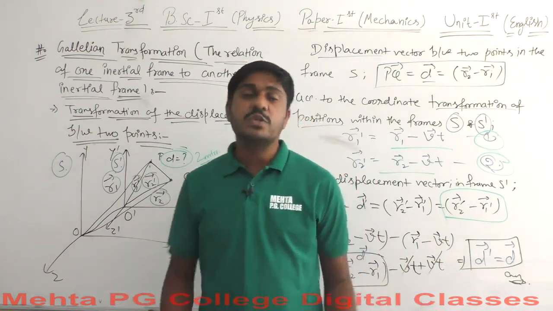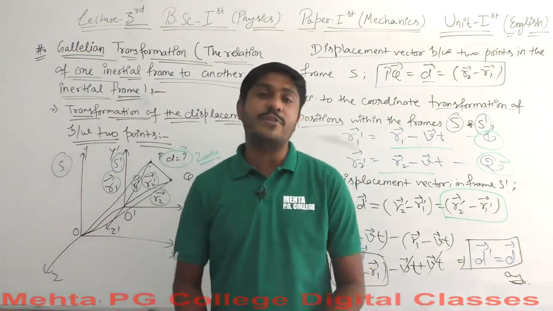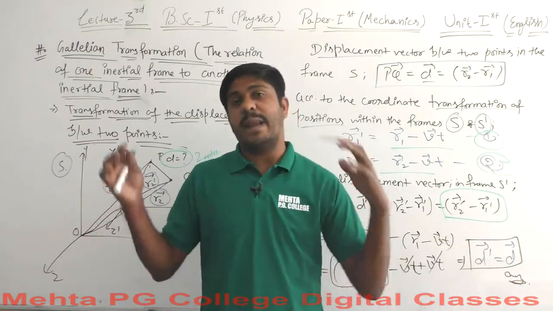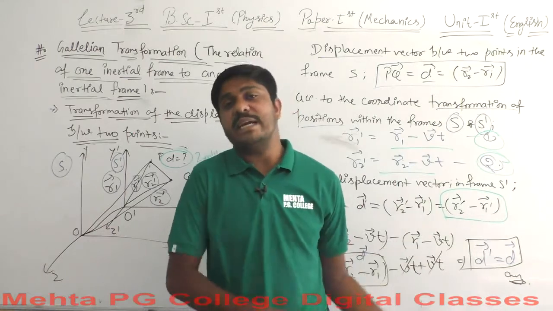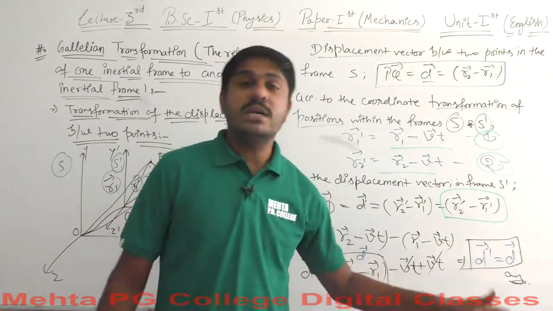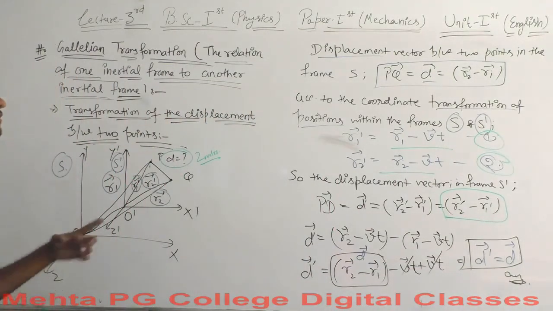So the displacement vector for both frames, the primary and the secondary reference frame, has the same value. You can take a screenshot for your reference, then we will proceed further with more examples.